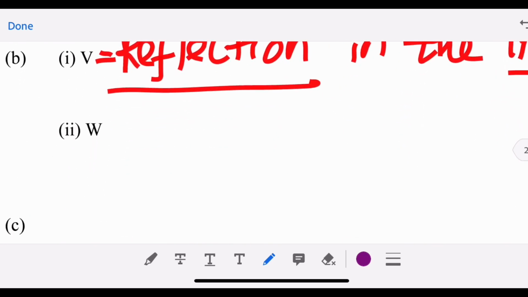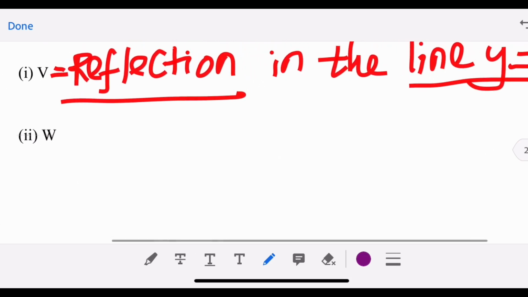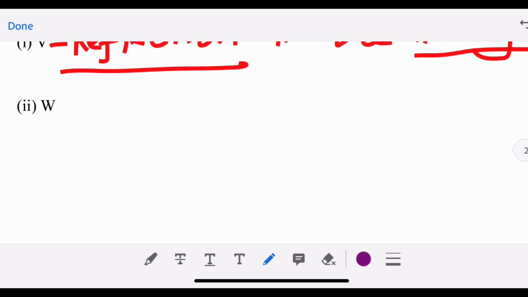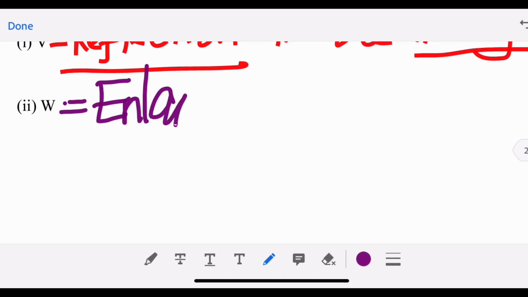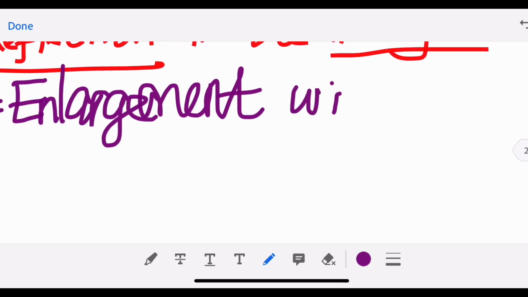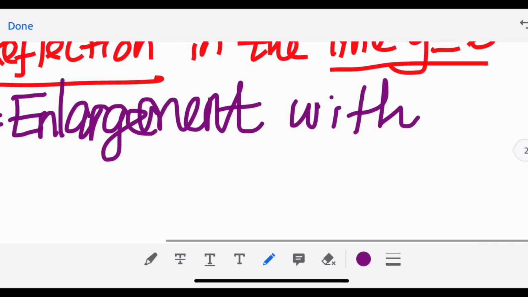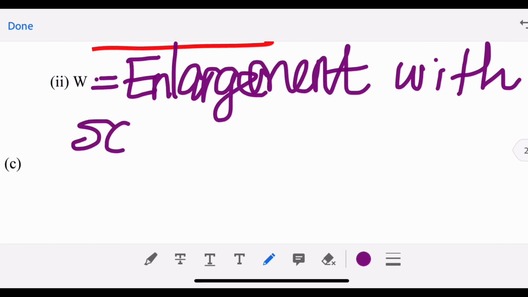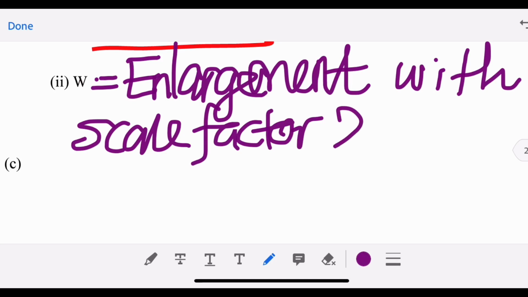Now we need to write in sentence form. When it comes to describe, you have to write in sentence. So the keyword is enlargement. Write properly, and then with scale factor, just now we have 6/3, which is 2.